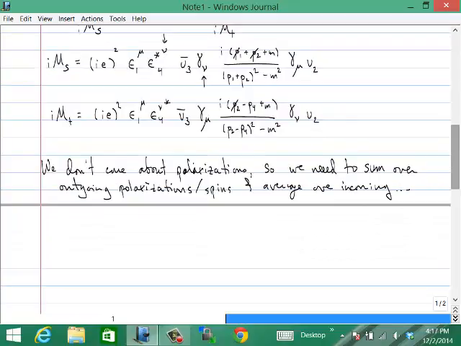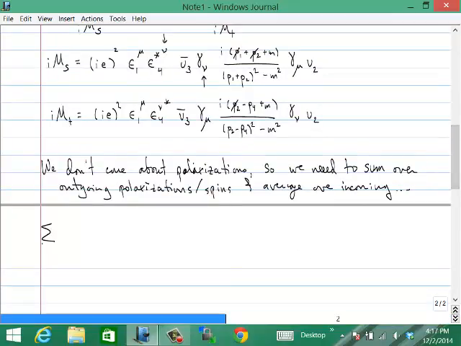So, for example, we would be computing something like the sum over all spins and polarizations of the sum of these two amplitudes squared. Okay.